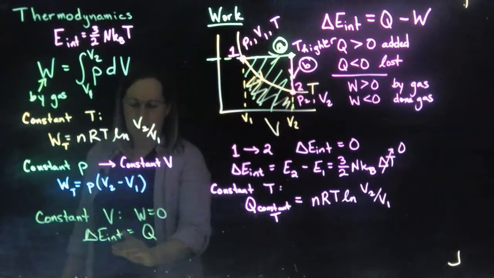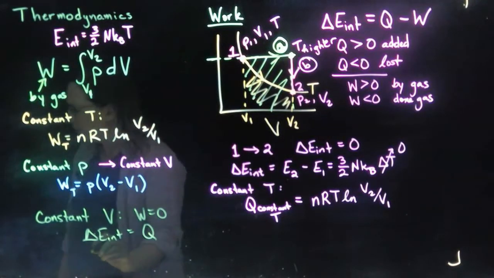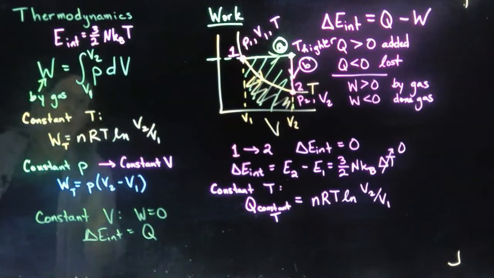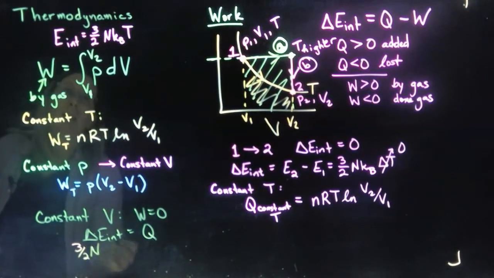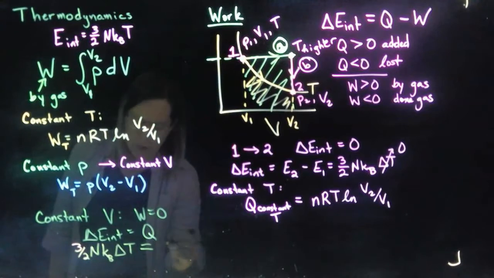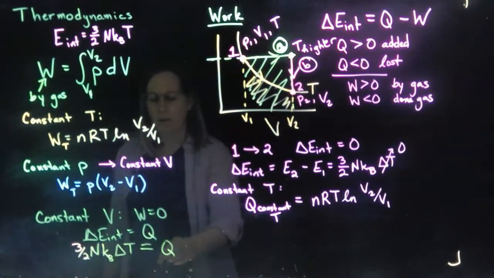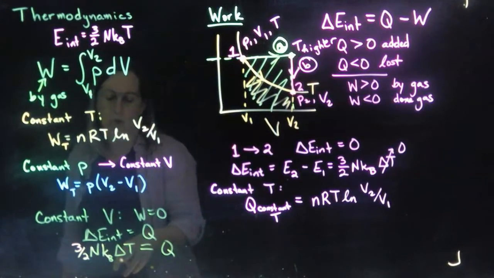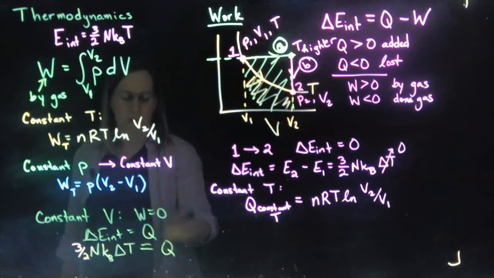And in fact, we can say that our change in internal energy is equal to 3/2 n k_B delta T, which is equal to our Q. Okay, so this tells us how much heat goes into a change in temperature, or how much heat is lost when the temperature changes.